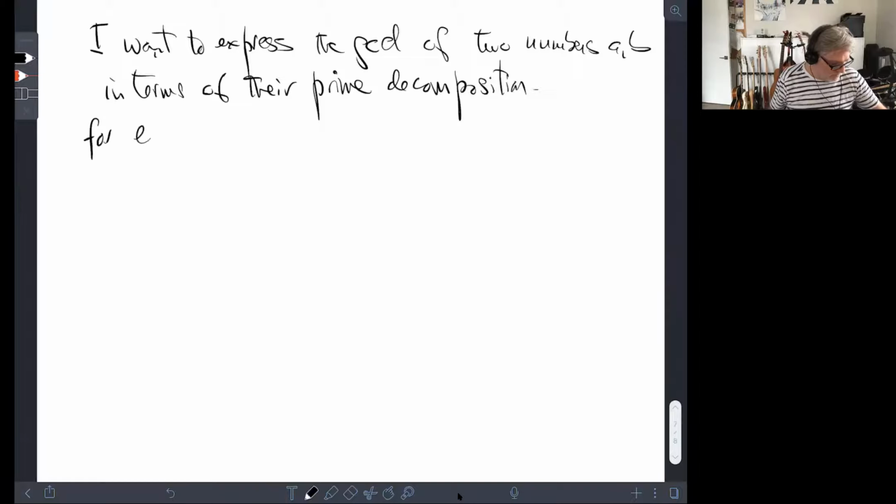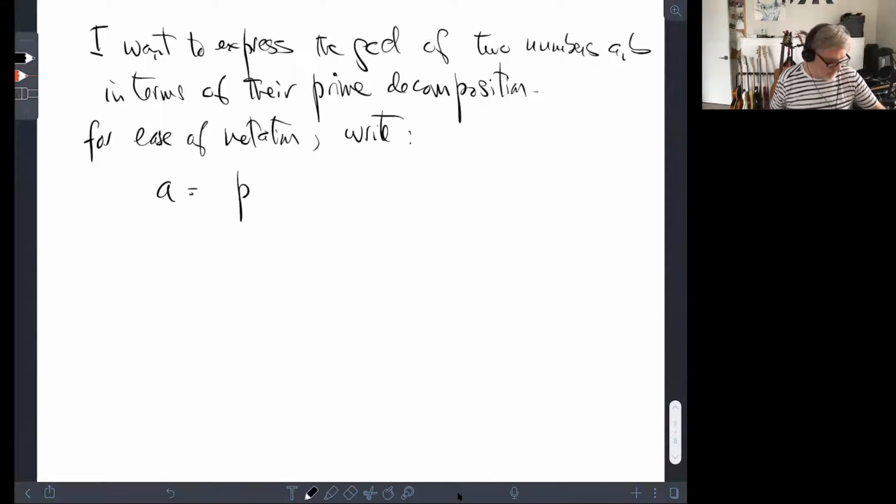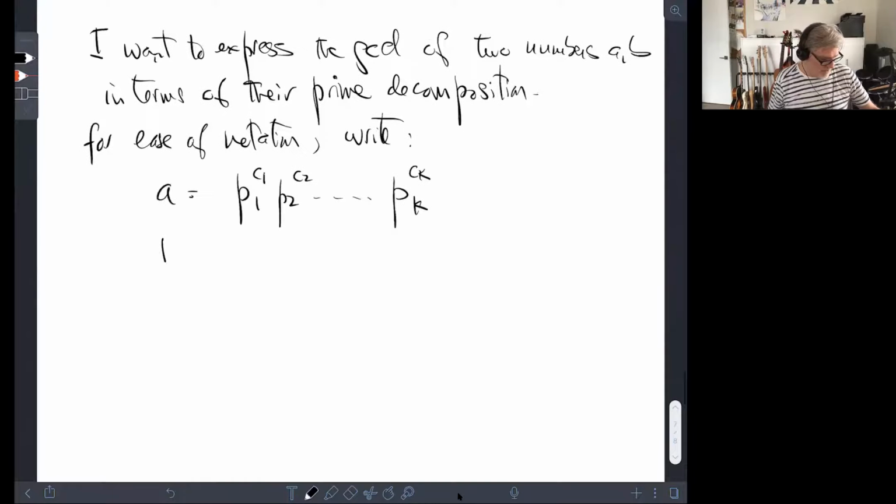For ease of notation, like this: A will be P1 to the C1, P2 to the C2, right up to PK to the CK. And B, and I'm going to use the same primes. That's the trick. I'm going to use the exact same primes here. I'm going to show you an example. You'll see what I mean.